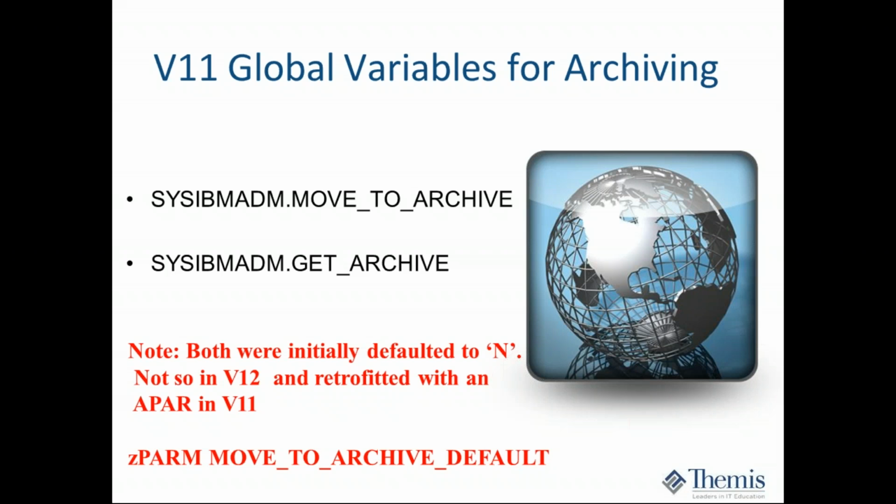Why would I tie these tables together and do a delete when this is set to no, where it's not going to move the row to the archive table? It doesn't make any sense. So they came out with a retrofit, an APAR in version 11, to allow us to handle that. We can handle it by vparm. And then when I select from that table, do I want my queries to only look at the main table, or look at the main table and the archive table for a row? That's where the get archive command comes into play.